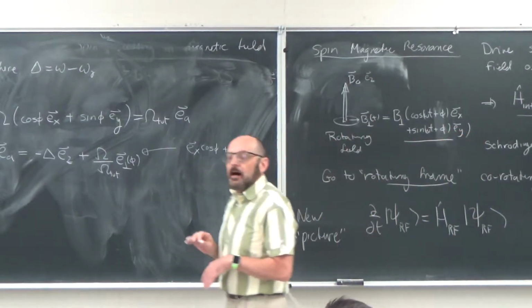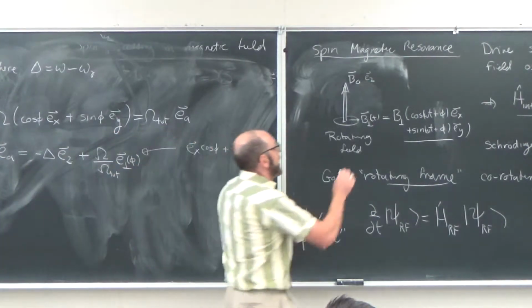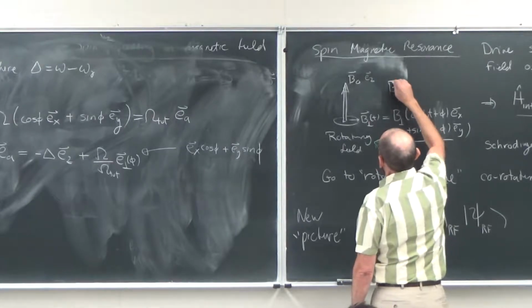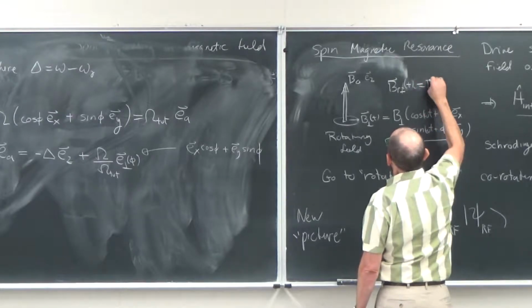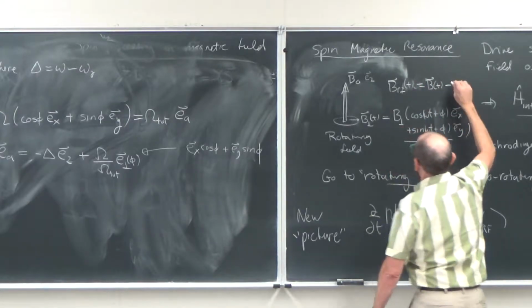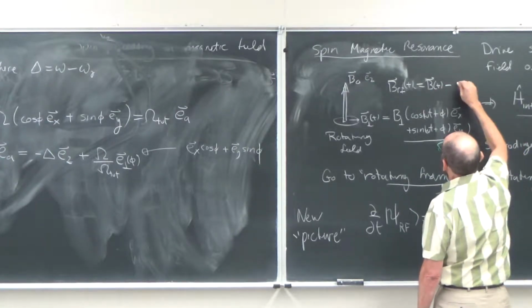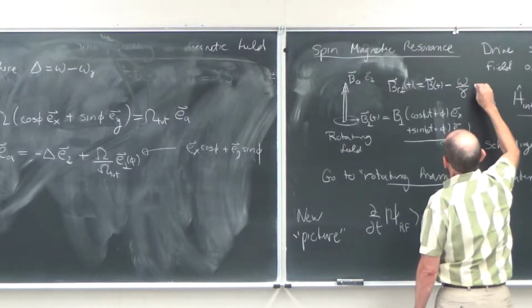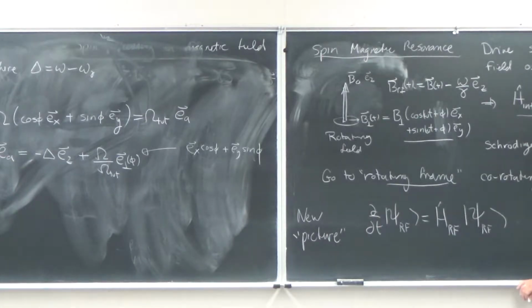In the rotating frame, the magnetic field is equal to the magnetic field in the lab frame minus a component in the z direction, which is this. Okay, so given a certain gyromagnetic ratio, there is a subtracted magnetic field. Okay, so this is the direction.